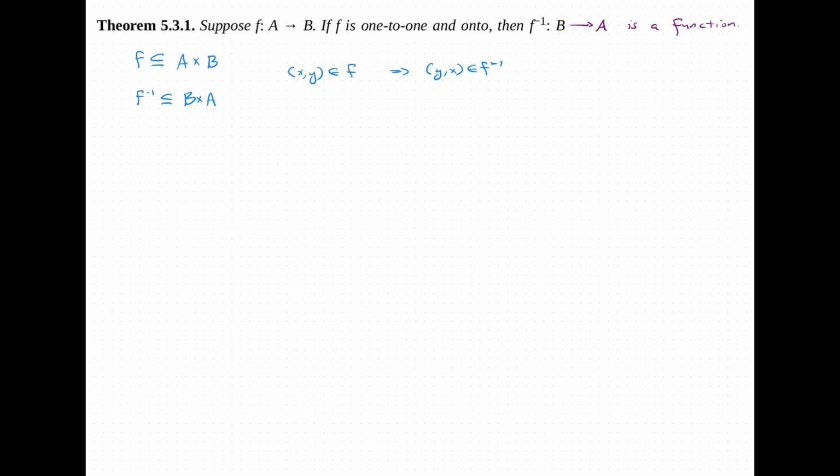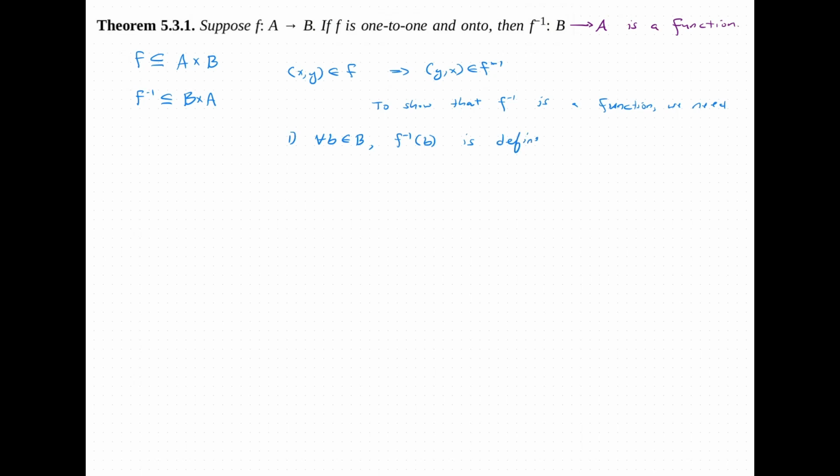So let's discuss what we need to do to show that it's a function. To show that f inverse is a function, we need to show the following. The first thing is, for every element in the domain of f inverse, namely B, for all b in B, we have that f inverse of b is defined.